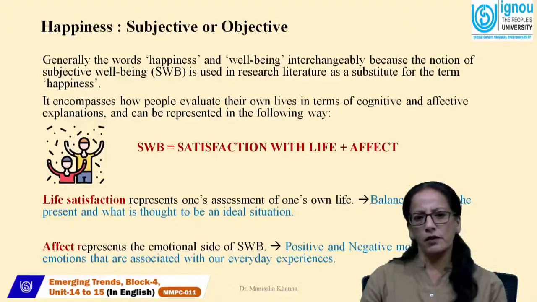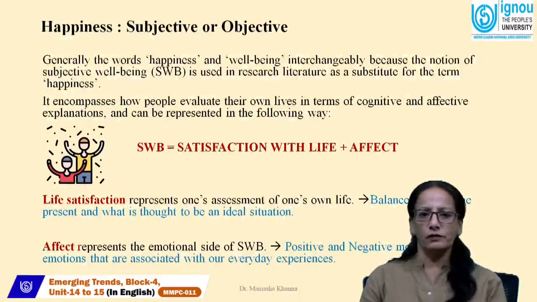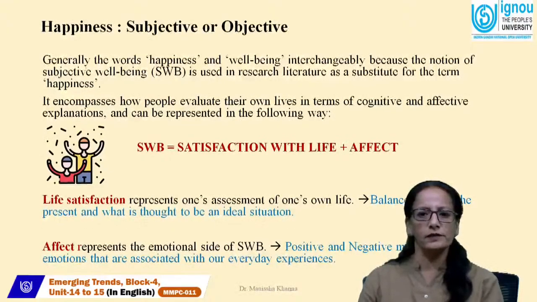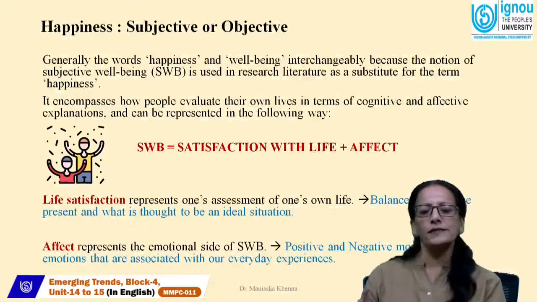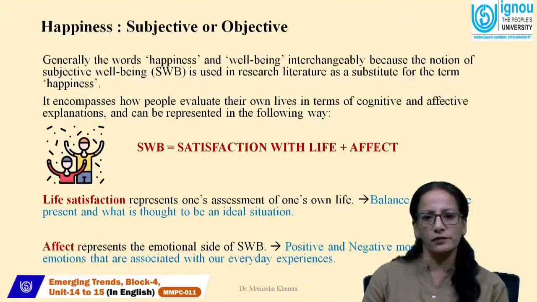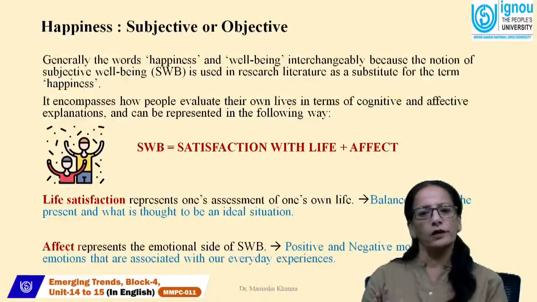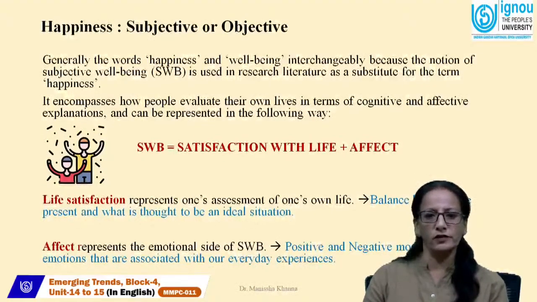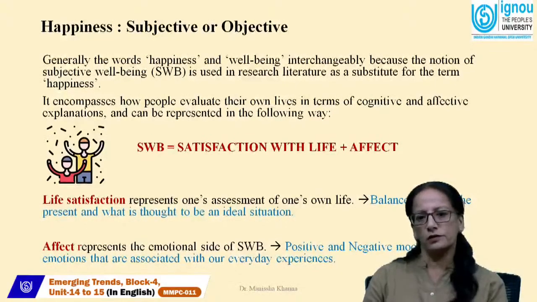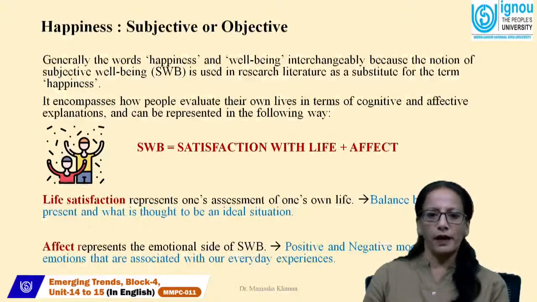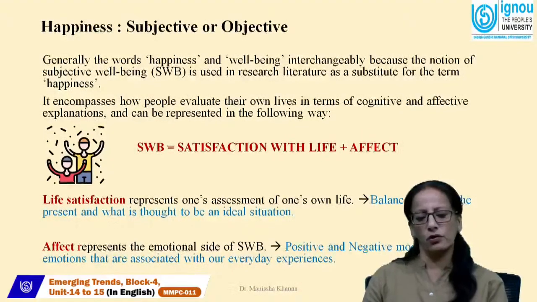It encompasses how people evaluate their own lives in terms of cognitive and affective explanations, and can be represented as: SWB equals satisfaction with life plus affect. Affect here represents the emotional side of SWB, which can be positive or negative moods and emotions associated with our daily life experiences, whereas life satisfaction represents one's assessment of one's own life. It is a balance between the present and what is thought to be an ideal situation.